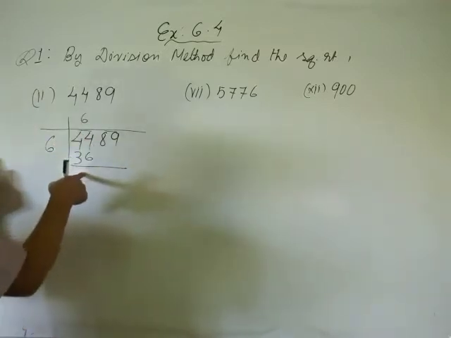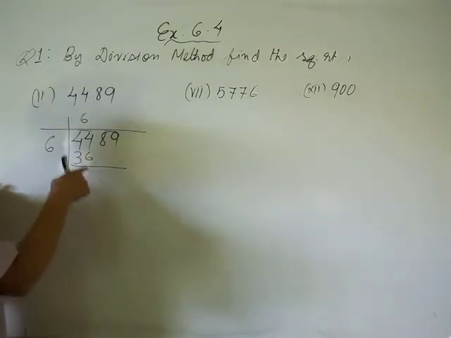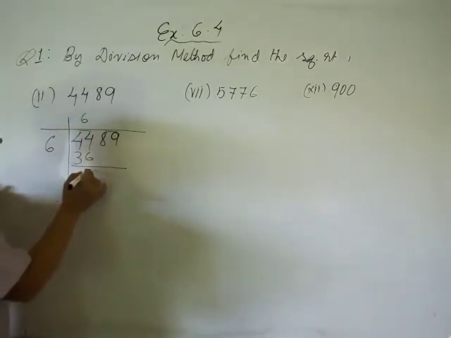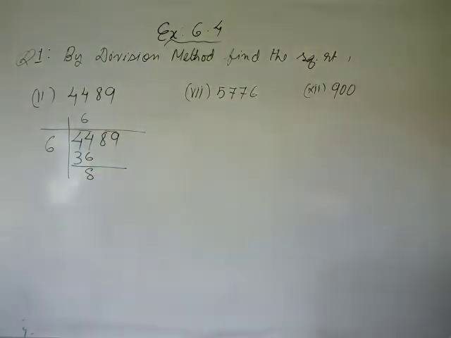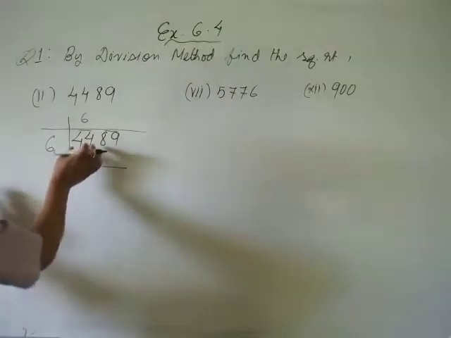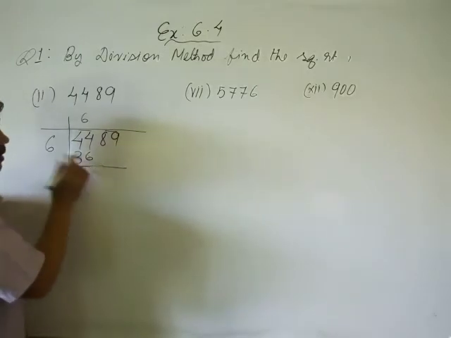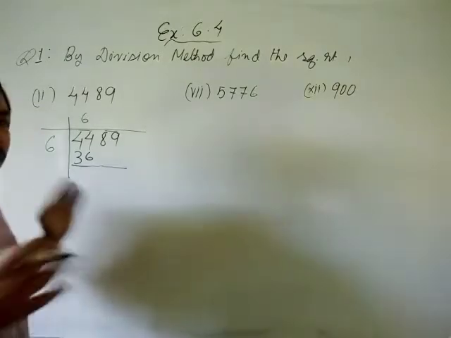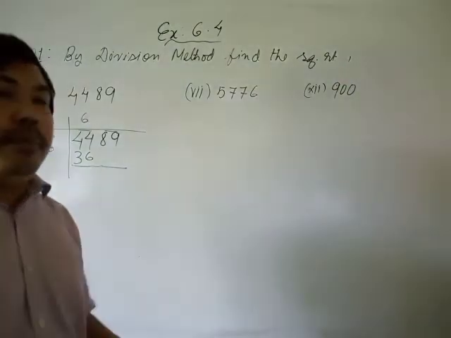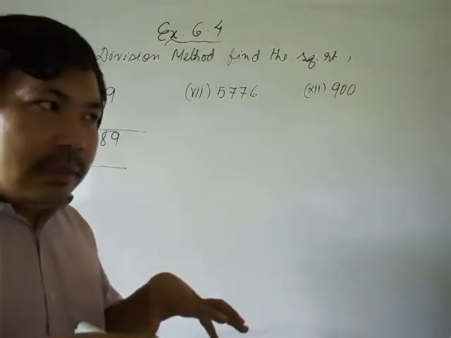Then how much do we have here? We have 44 minus 36, that is 8. We have to take the square number first. We see which square number is closest to the first pair.